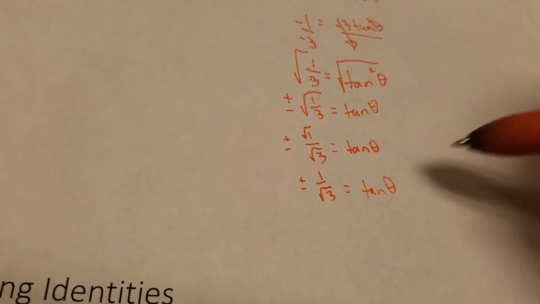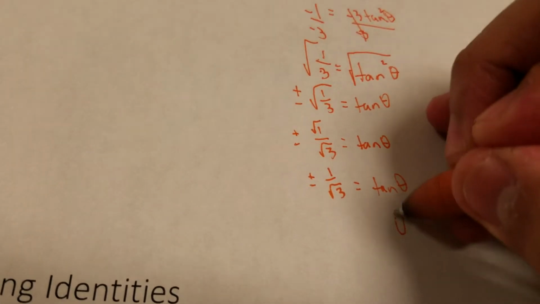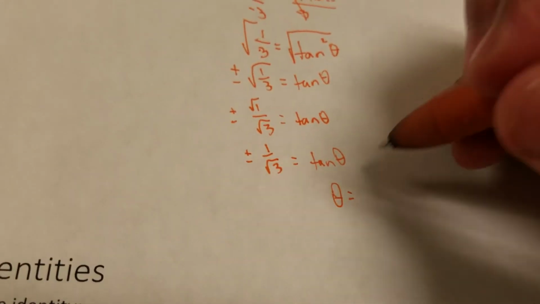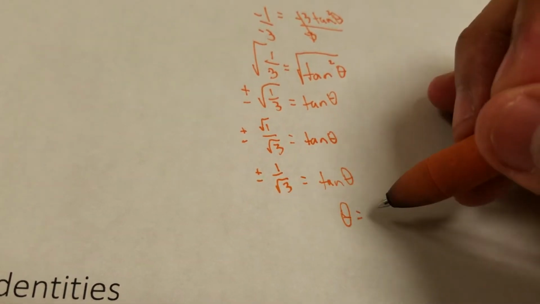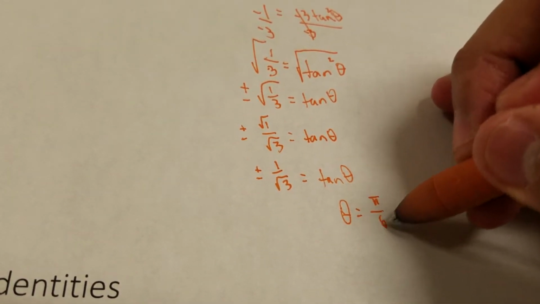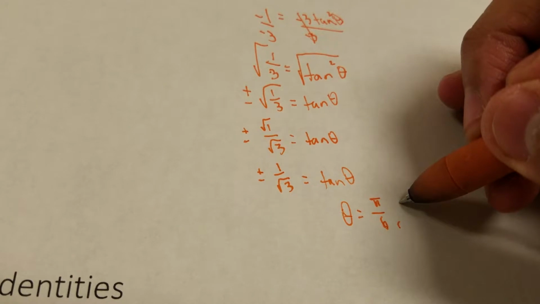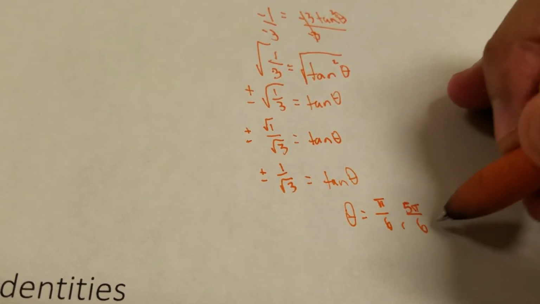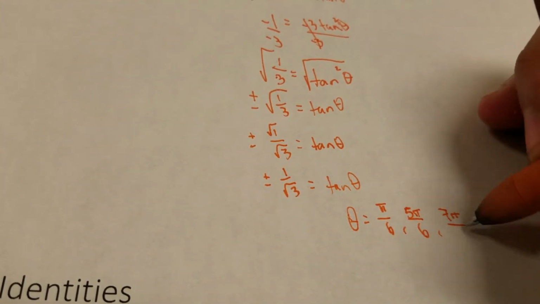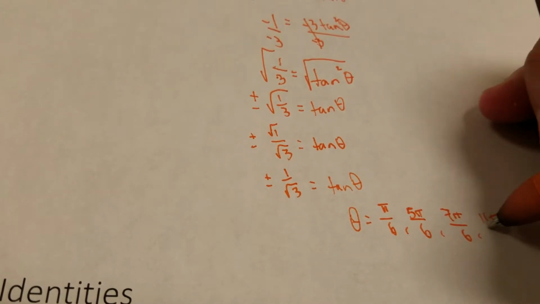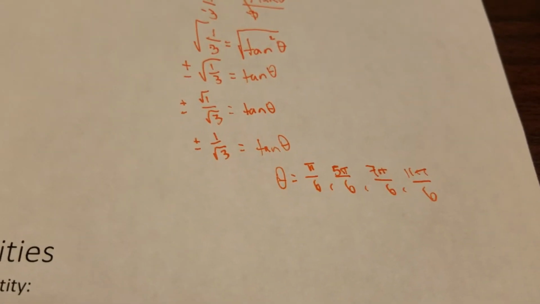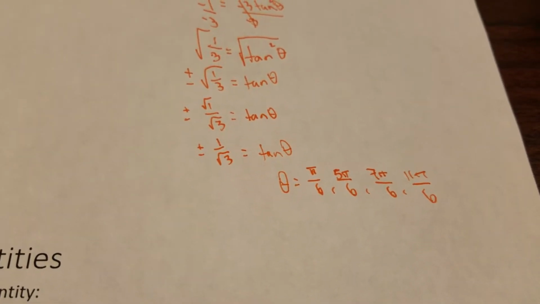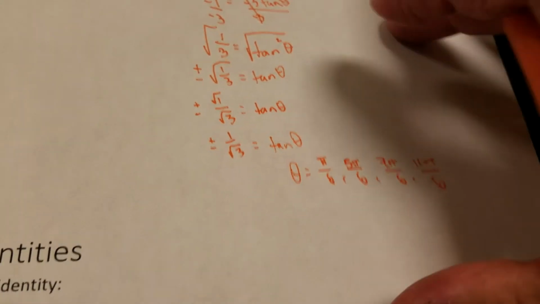So if I were to look on the unit circle, I'd find that this was 1 over square root of 3 at pi over 6, 5 pi over 6, 7 pi over 6, and 11 pi over 6. So this would be my answer here, at least if it asked for me in the interval from 0 to 2 pi.